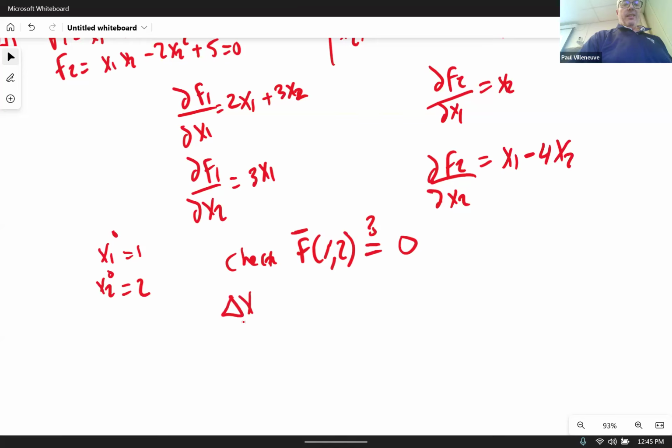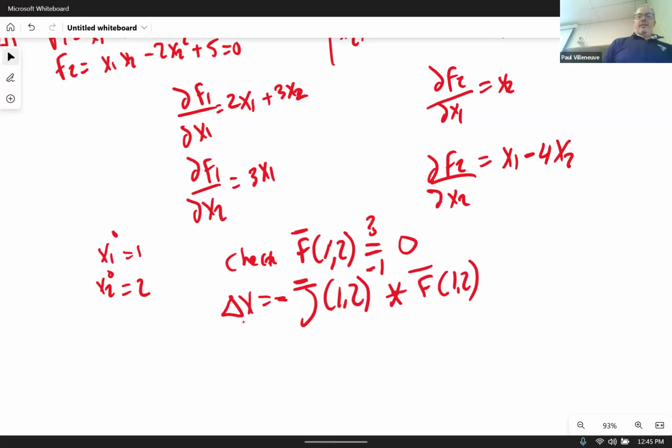So your delta x is equal to the negative of your Jacobian, which is a matrix, evaluated at x1 equals 1 and x2 equals 2, inverted, multiplied by F. Then you updated x1, x2 after one iteration, which is equal to x1, x2 for my 0 iteration, plus my delta x. And that's if you had to do one iteration. If you just ran MATLAB, MATLAB would build it in for you.